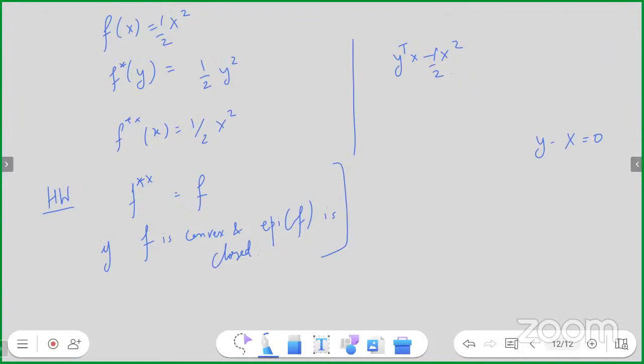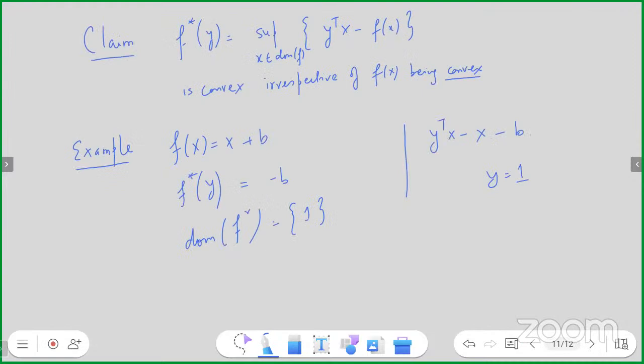So you want to come up with an example where this is not true? So what happened here? If I take it one more time, what will happen?